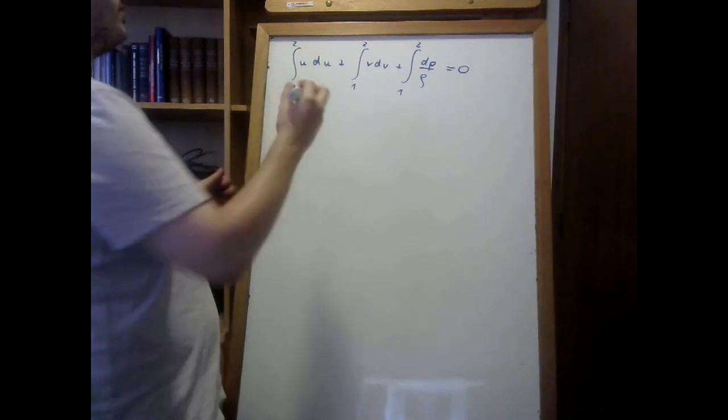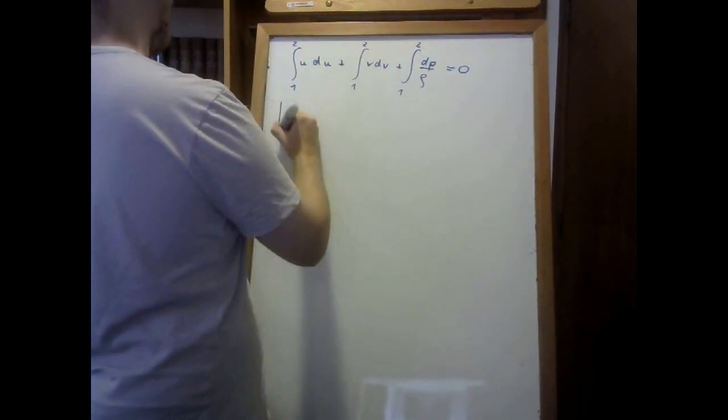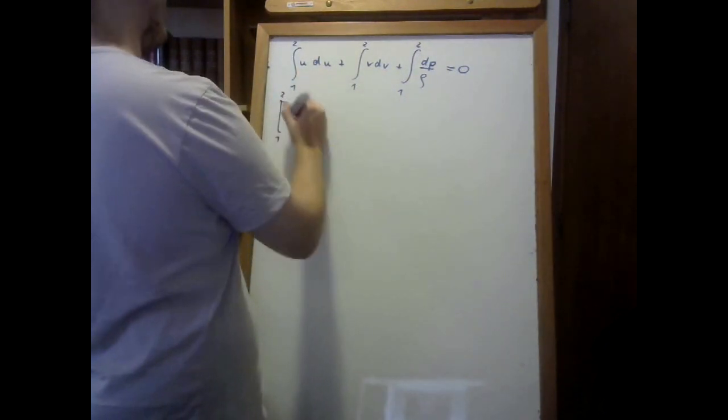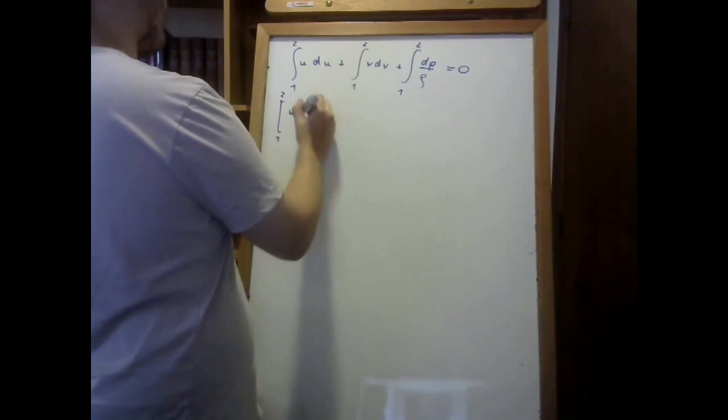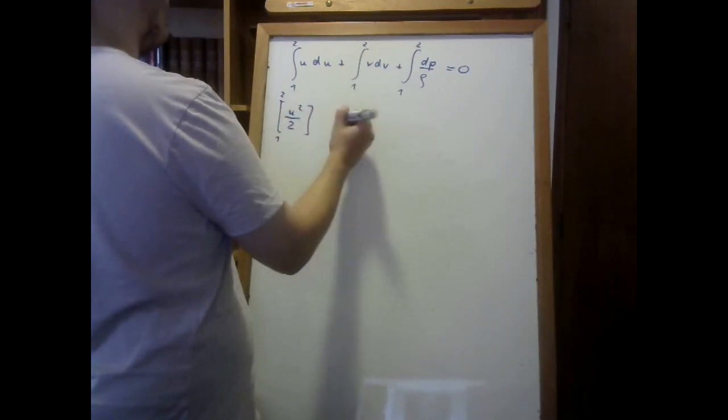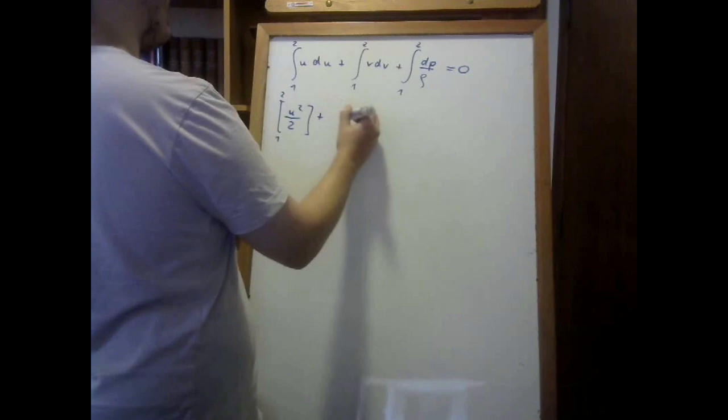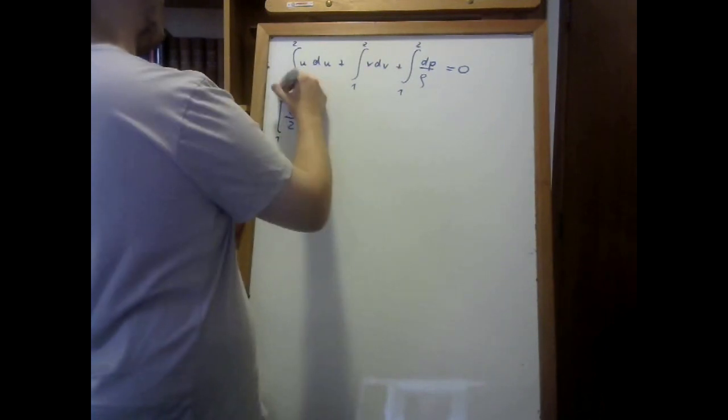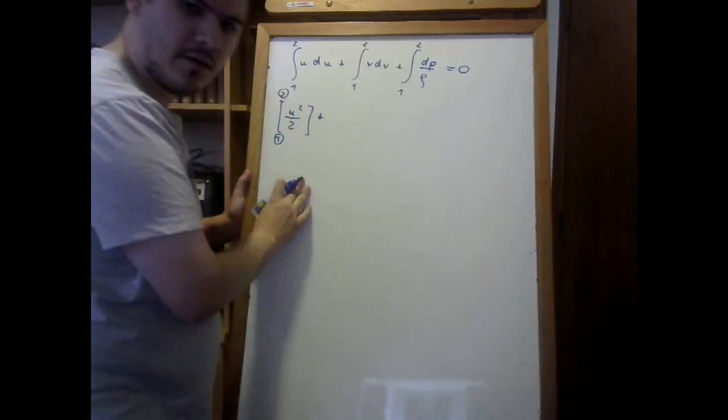So this leads to, here we have 1 and 2. u squared divided by 2 plus, this is the point, okay? It's not the number, it's the point.